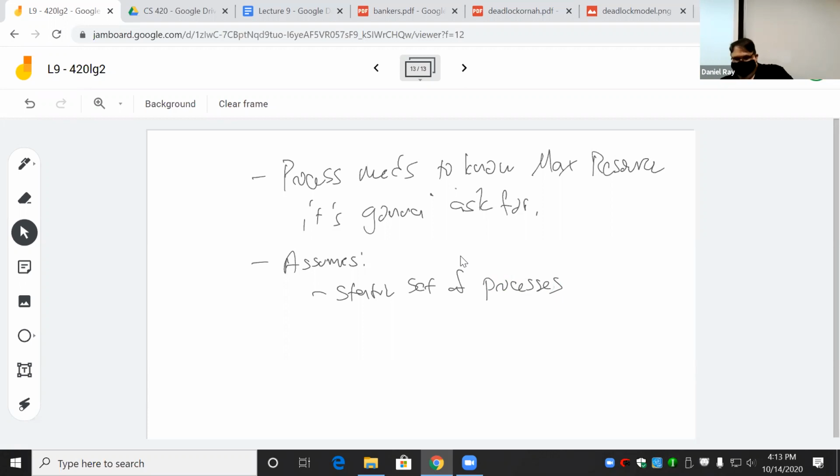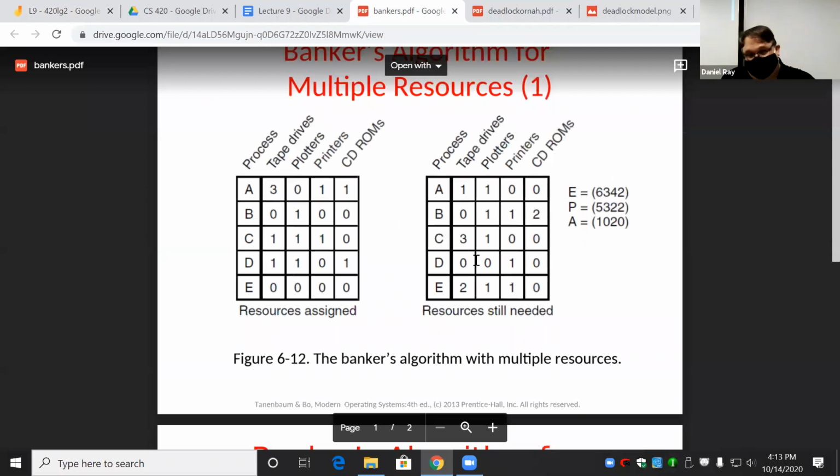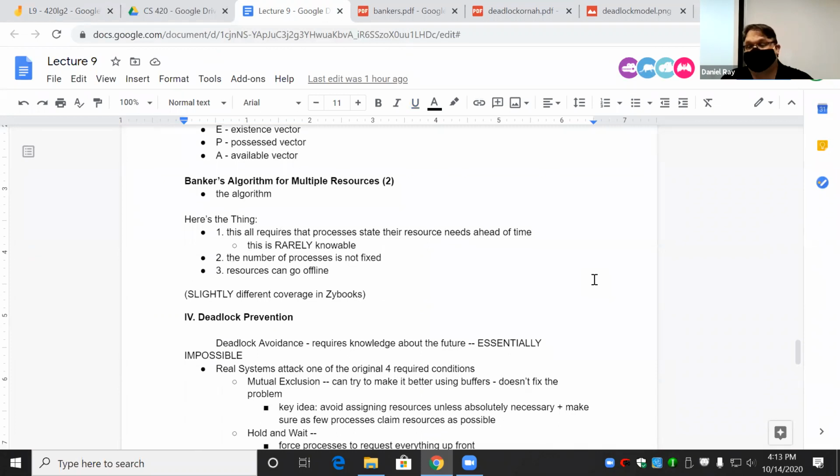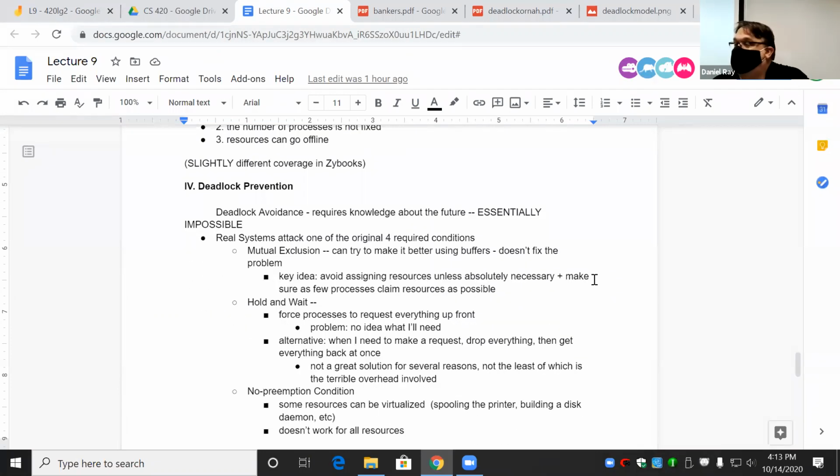Okay, it's not a panacea, like I said, but it's an interesting theoretical approach. I like Dijkstra just as much as the next person. It doesn't work in the real world.